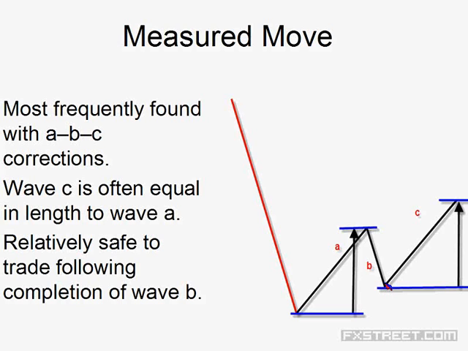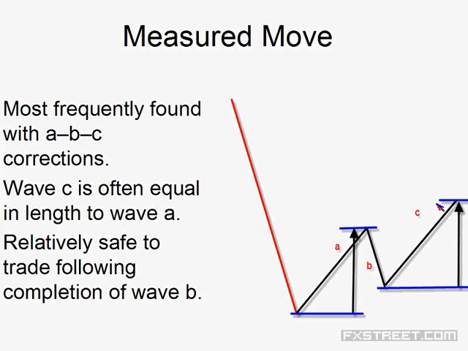And what I like to do is to catch these wave C's after wave B has just worked through wherever it's going to work through to. And the vertical distance traveled of C is so often related to wave A. If it's 100%, it's called a measured move, but very often we find it's going to be a Fibonacci multiple.